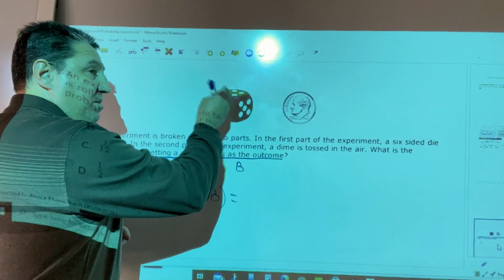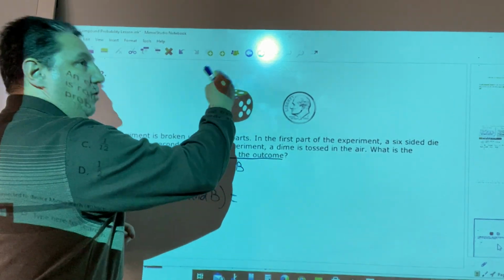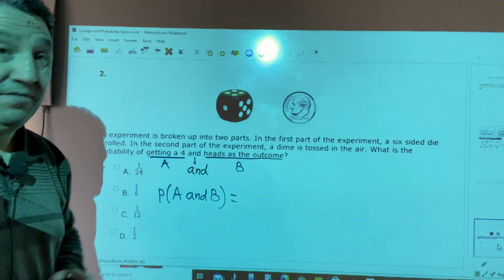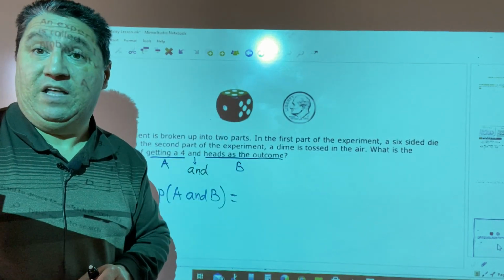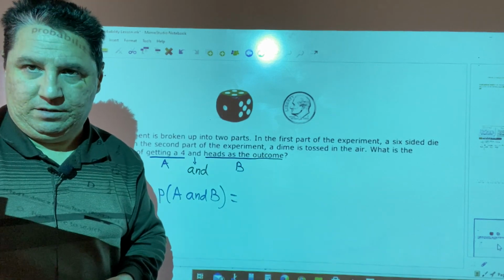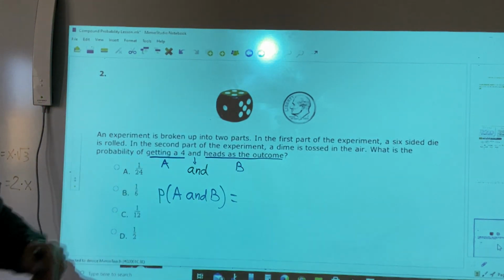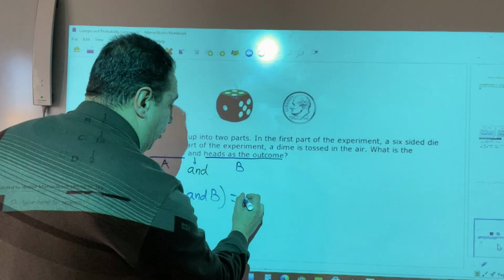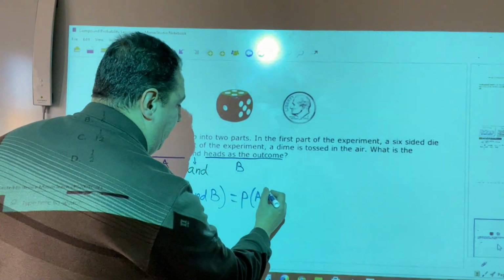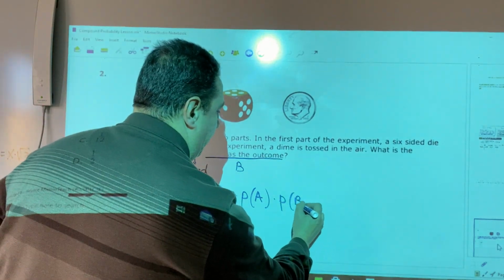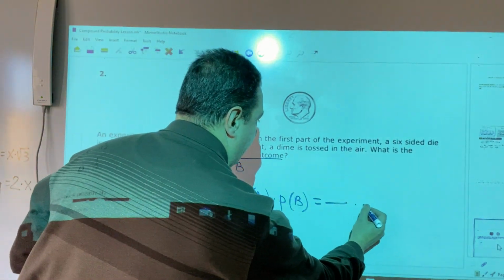Because the outcome of the first event, rolling a die, doesn't affect the outcome of the other event, that is tossing a dime. So, P of A and B, as we know, is the product of the probability of event A and the probability of event B.